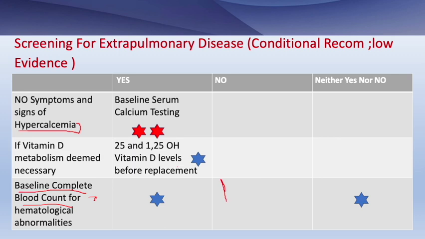There may be leukopenia, lymphopenia, thrombocytopenia, even pancytopenia because of bone marrow suppression due to sarcoidosis. Also, the spleen is an organ that's highly involved, so splenomegaly can also cause hematological manifestations. There could be anemia, there could be other manifestations.